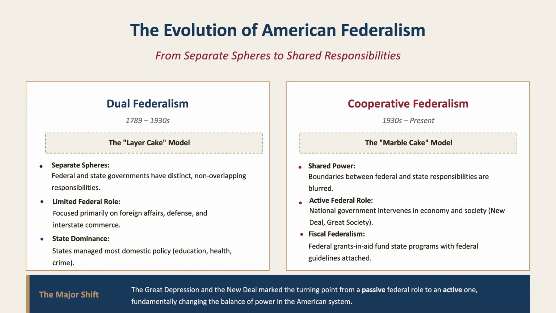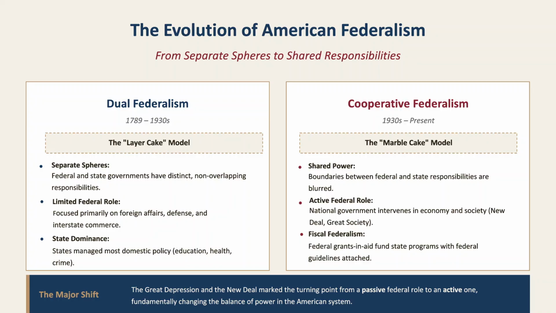However, when the Great Depression happened, they realized there was problems, and it kind of shattered this model. And Franklin Roosevelt created the New Deal at this time. And so it created kind of an era of cooperative federalism. Instead of a layer cake, well, more of a marble cake federalism.